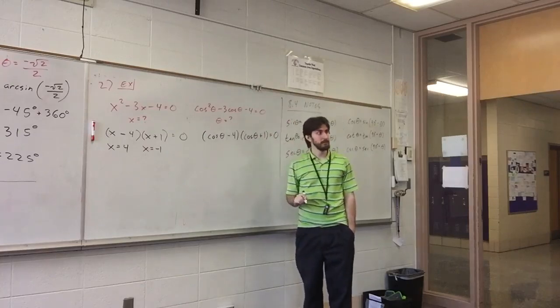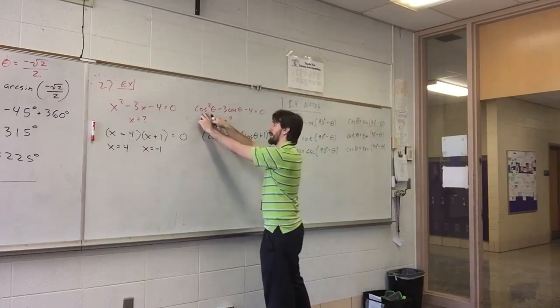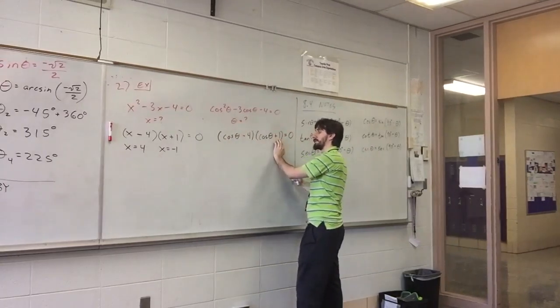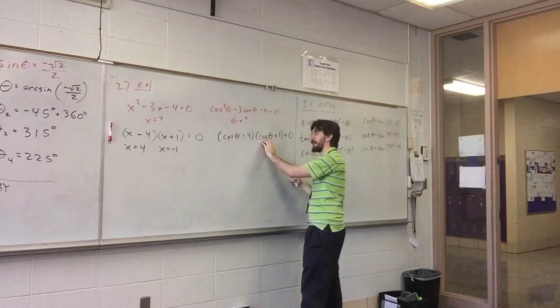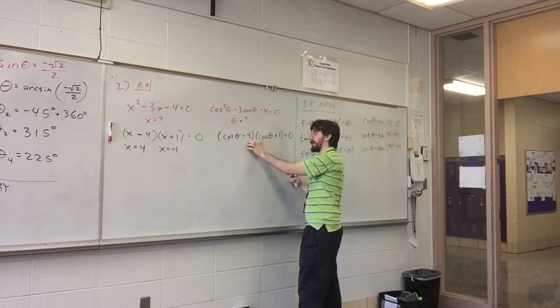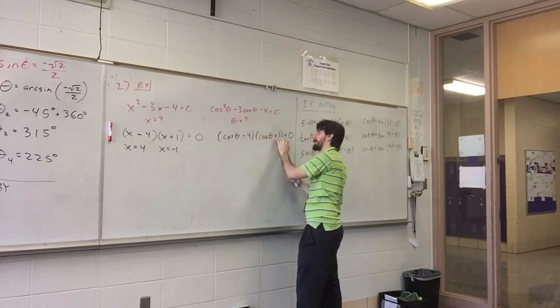Right? It's the same quadratic form. Cosine times cosine is cosine squared. Cosine times 1 is plus 1. Cosine, -4 cosine of theta is what you would get for multiplying the middles. -4 cosine of theta plus 1 cosine of theta is -3 cosine of theta. And then -4 times 1 is -4.